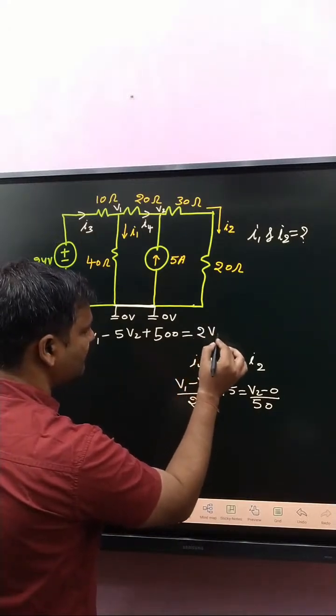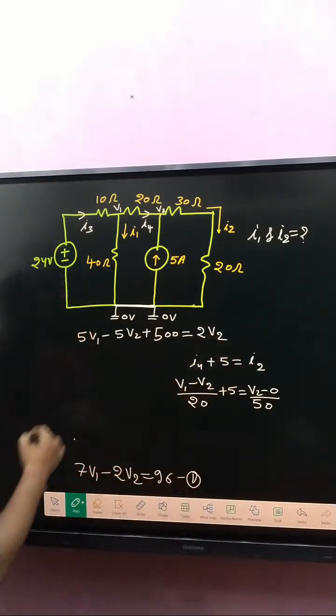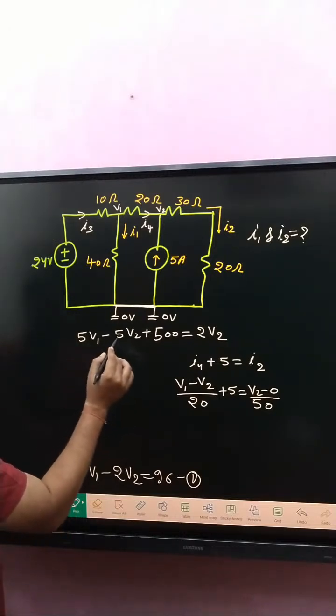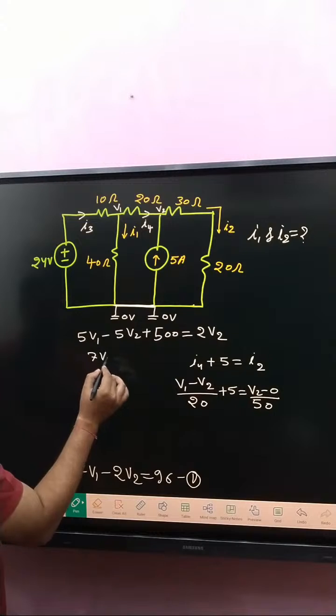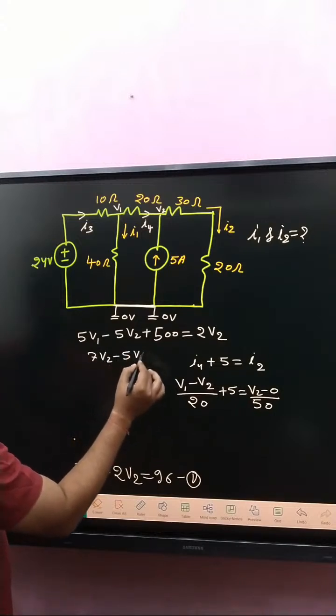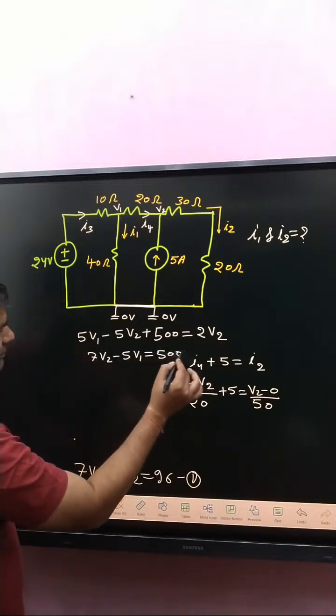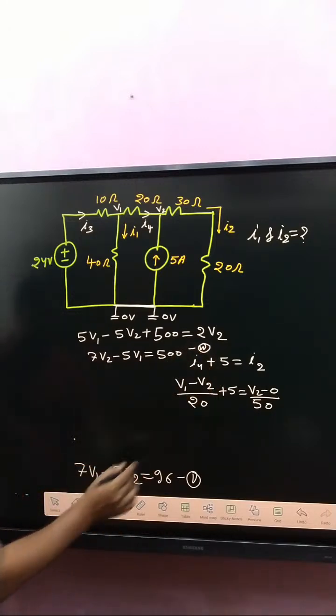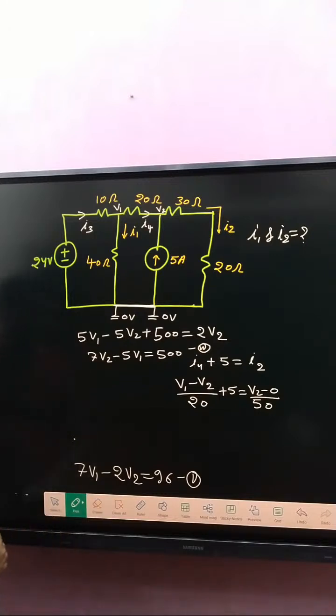This will equal 2V2. After that 7V2 minus 5V1, this will equal 500. That is equation number 2. Okay, I hope it is clear.